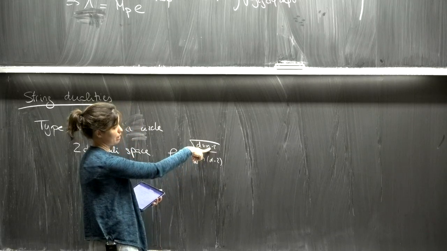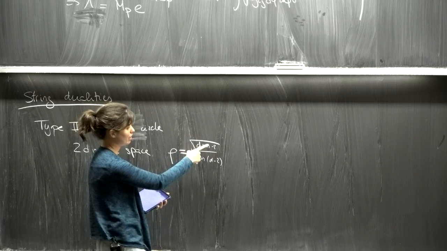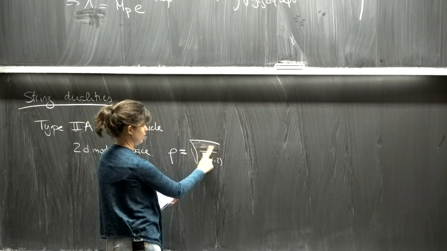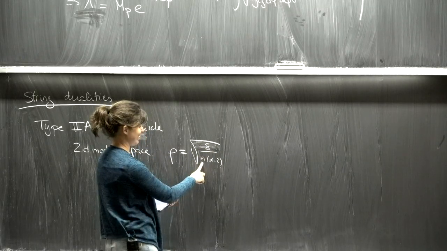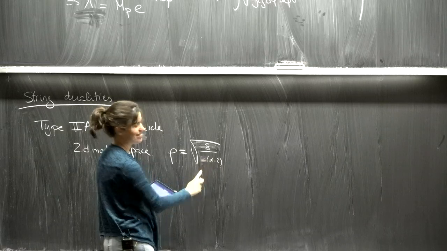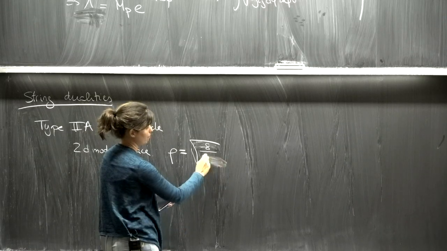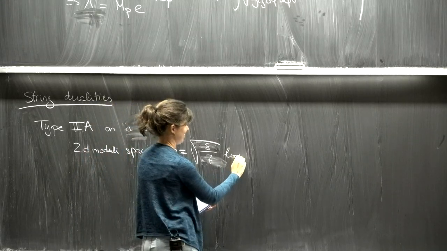If we have one compact space and 9, this is a theory in 9 dimensions. This is 9 plus 1 minus 2, 8. This is 1, it's just one circle. D minus 2, 9 minus 2, 7. Okay? So far so good.